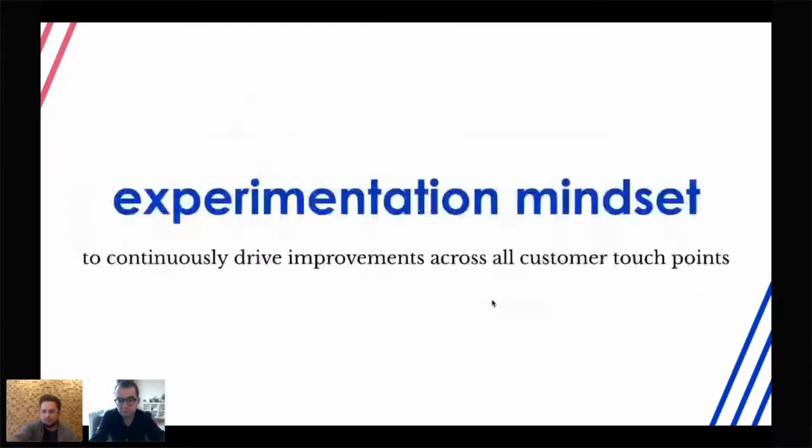So what we should have is this experimentation mindset, to continuously drive improvements across our customer touchpoints. As we saw, we have around seven people involved in one business decision about purchasing your product. And as we'll see on the next slides, these business processes are getting very, very complicated.